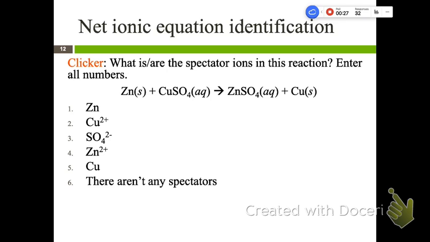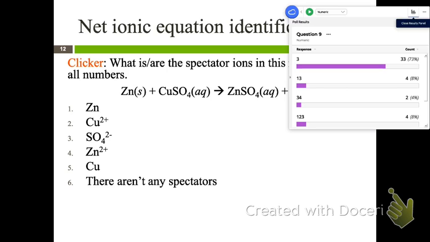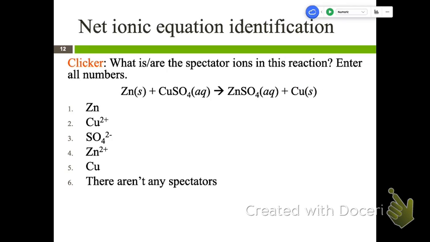What is our spectator ion or ions in this reaction? And we're closing out. What do we say? Majority of people say 3. If we look at our redox reaction, copper changes from left to right, but sulfate stays aqueous in both. So that's our only spectator ion. That makes it so much easier to understand.